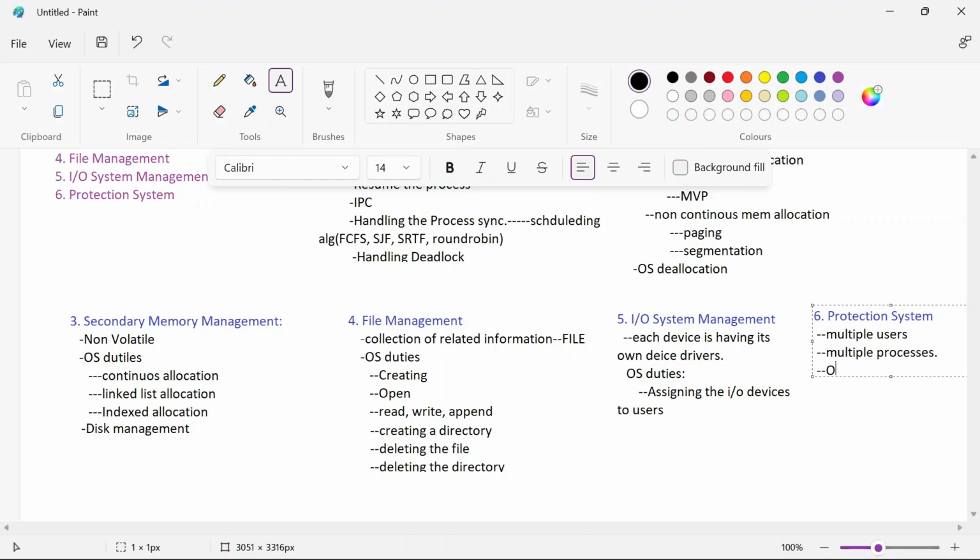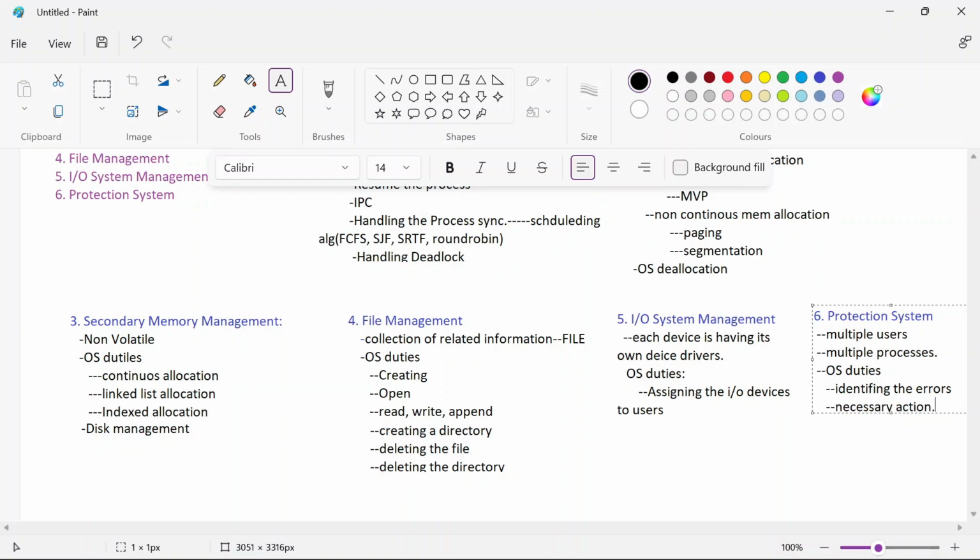So here the OS duty is identifying the errors, and also taking the necessary action. Why is protection required?